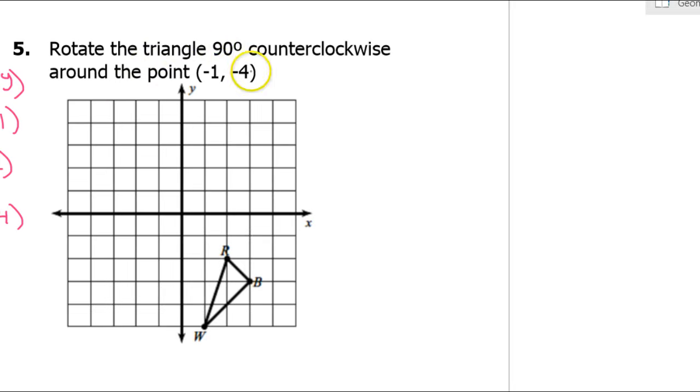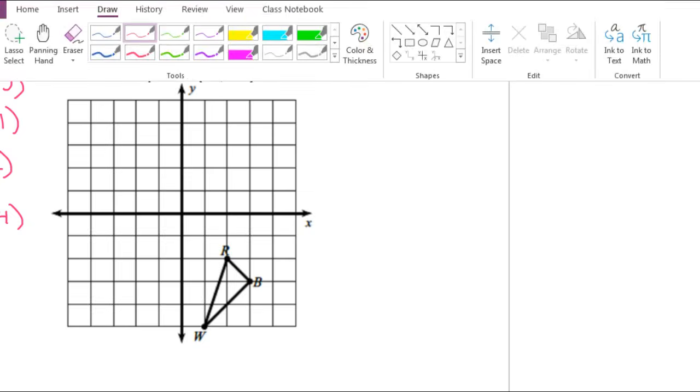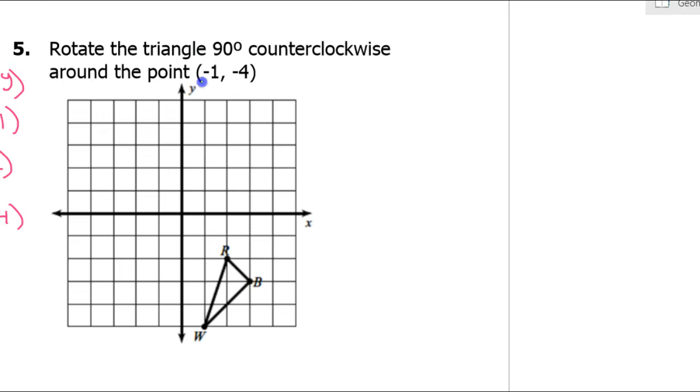Rotate the triangle 90 degrees counterclockwise around the point -1, -4. Okay, so we need to pretend that this is the origin. So -1, -4 is right here.